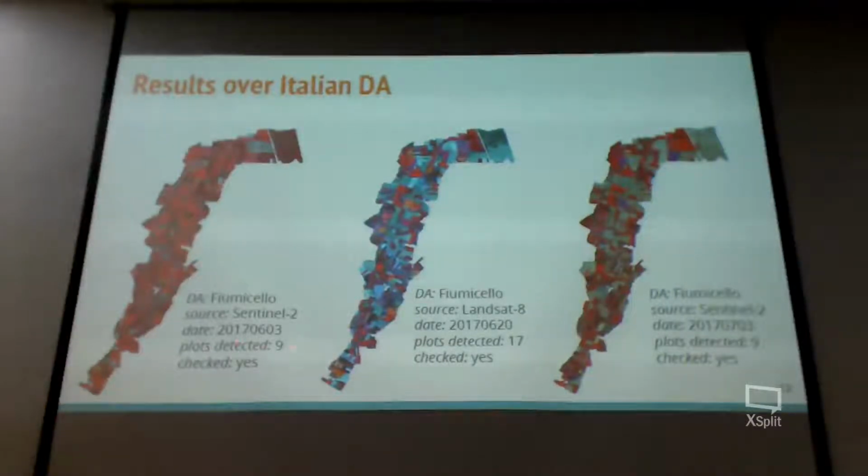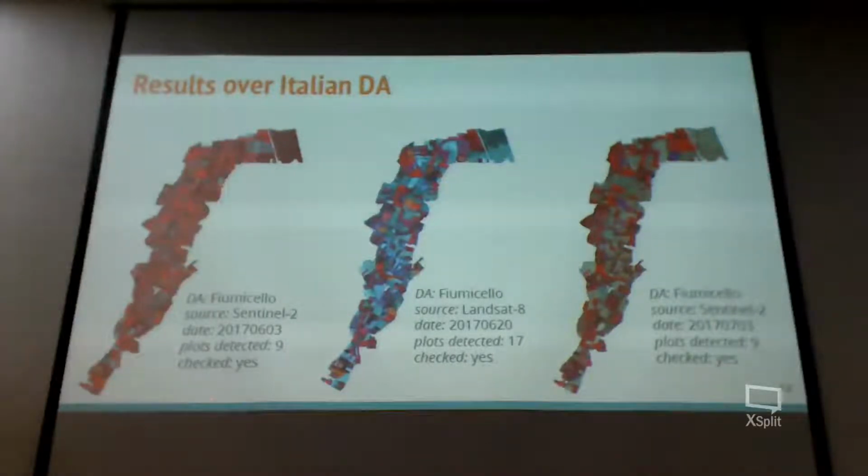We analyzed 3 different images during the irrigation season, Sentinel-2 at the start of June, in which the algorithm detected 9 plots. And in the Italian demonstration area, of course, we were able to check directly in the field what we have obtained, while it hasn't been possible to do so in Spain.